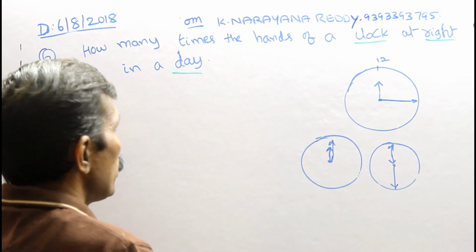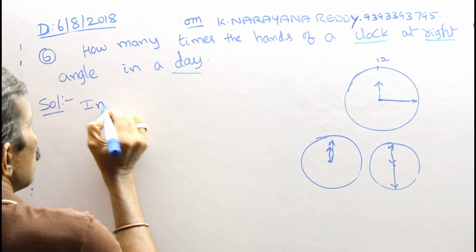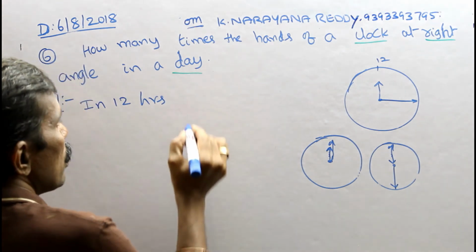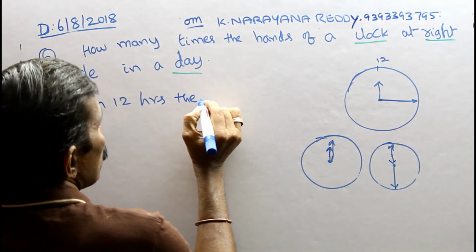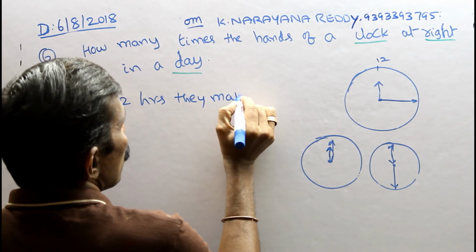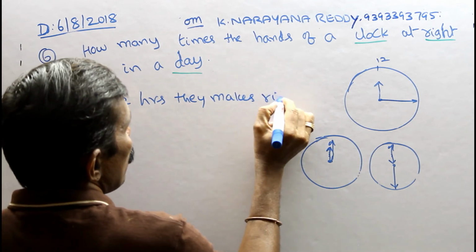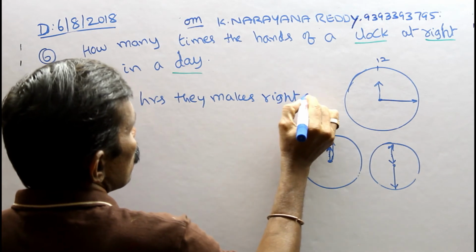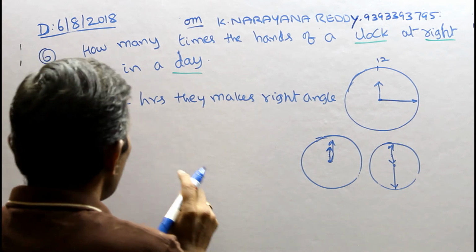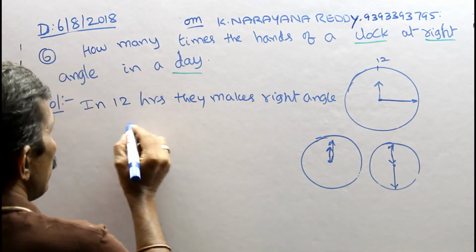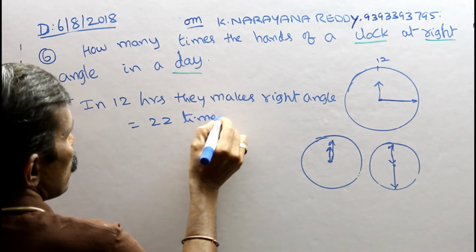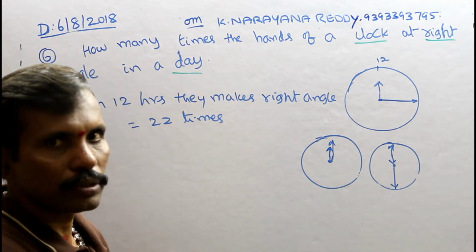So in 12 hours, they make right angle 22 times.